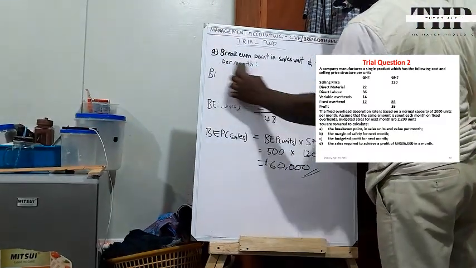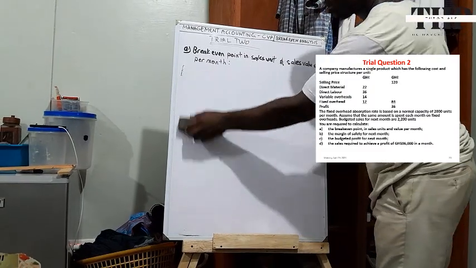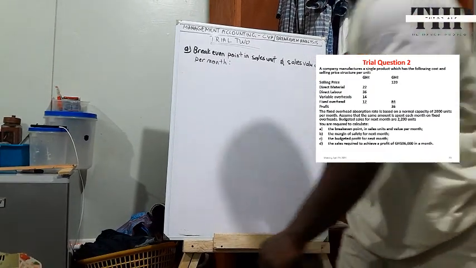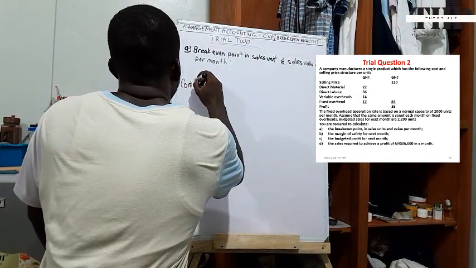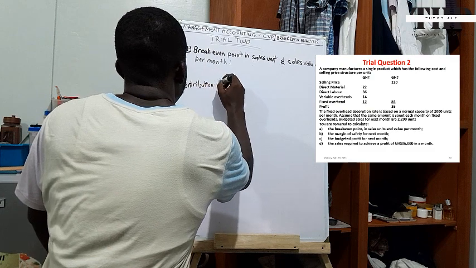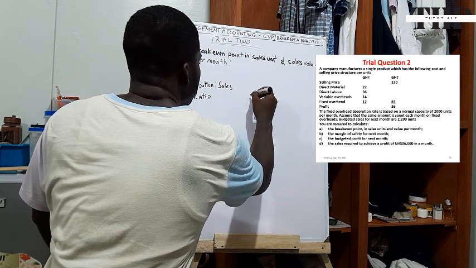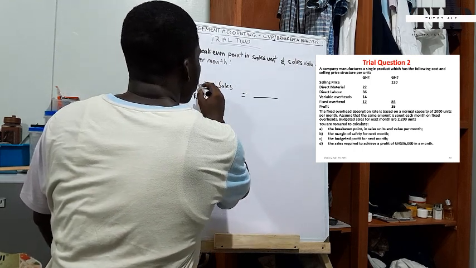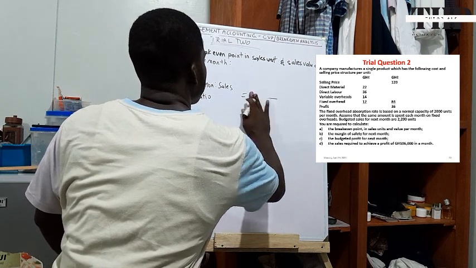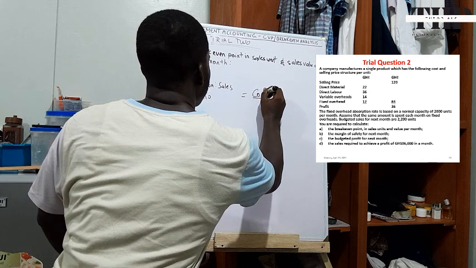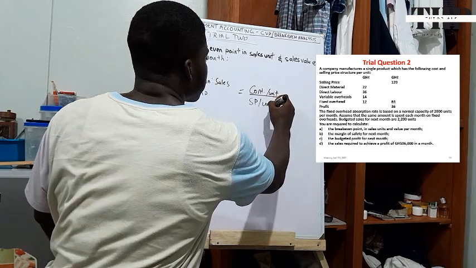The percentage is given by the contribution per unit over the selling price.